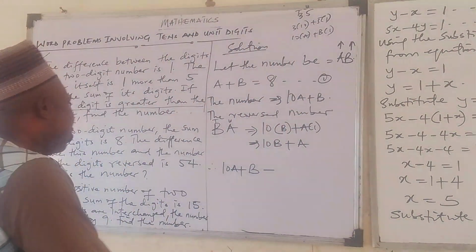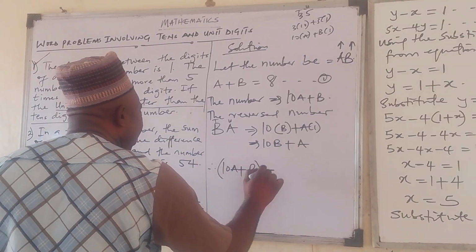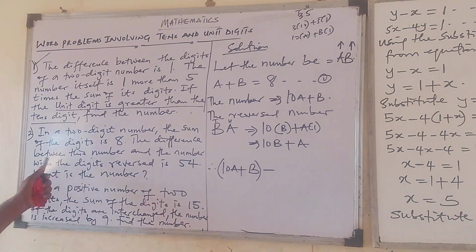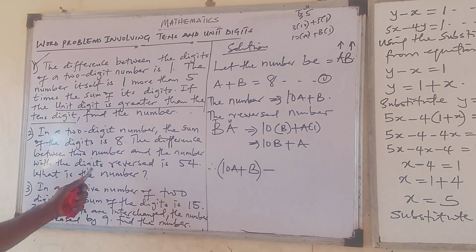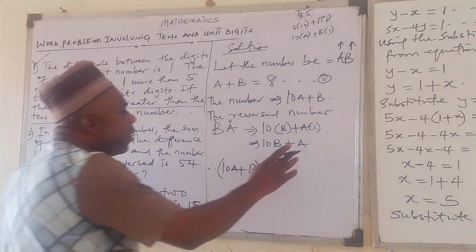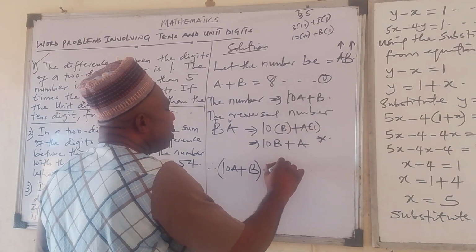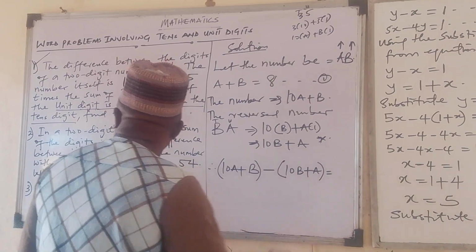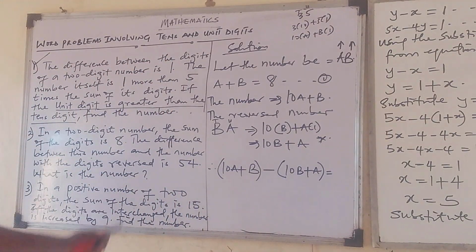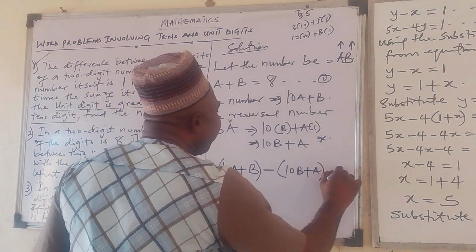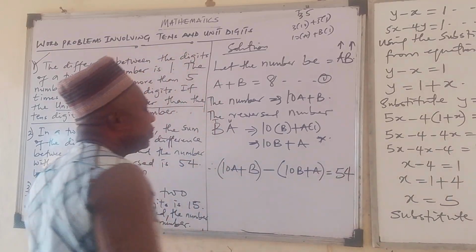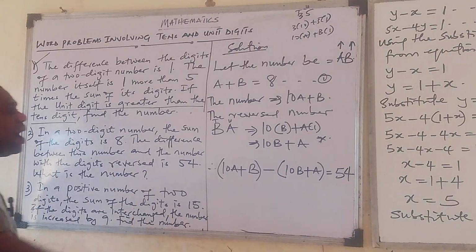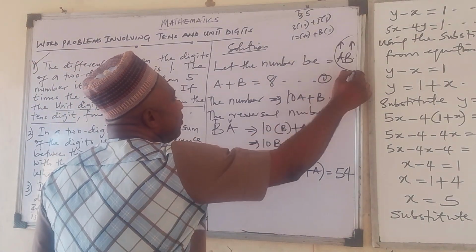So the difference between the number and the number with the digits reversed, which is 10B plus A, is 54. Now the question is, what is the number? The number is AB, so we have to calculate for this now.